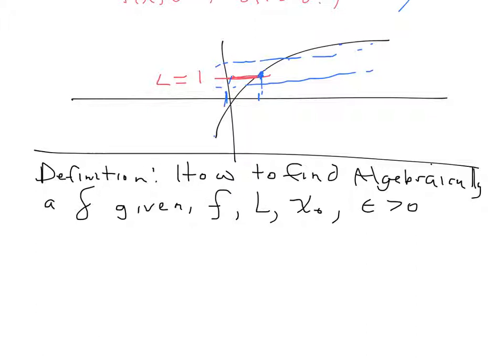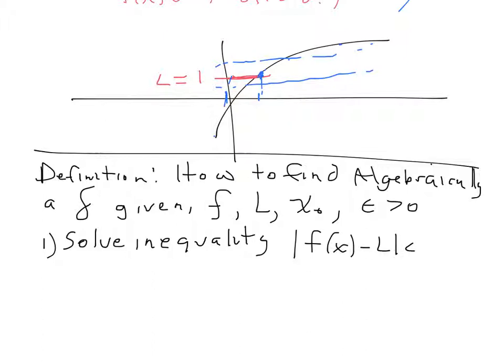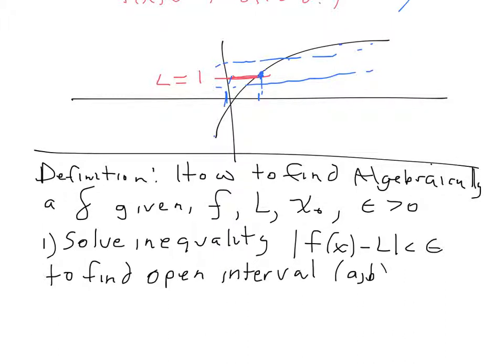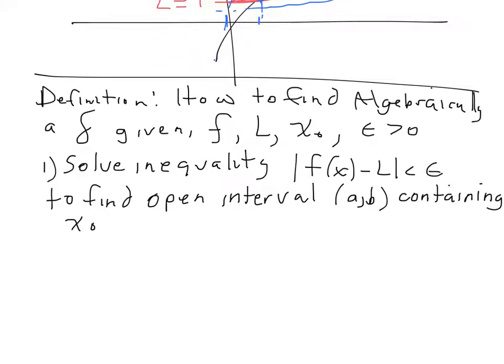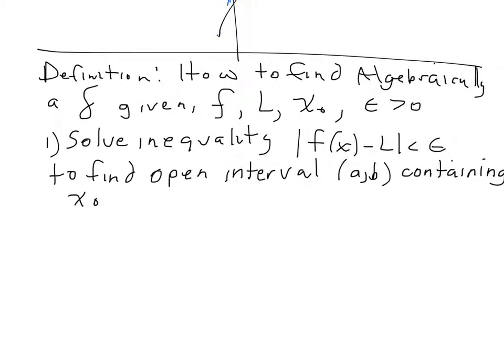Step 1, solve your inequality, absolute value of f of x minus L less than epsilon. And again, this just gives an open interval, to find the open interval from a to b. And important, as I said, it's a good way to check yourself that that open interval contains your actual point of interest. So it's got to contain that.